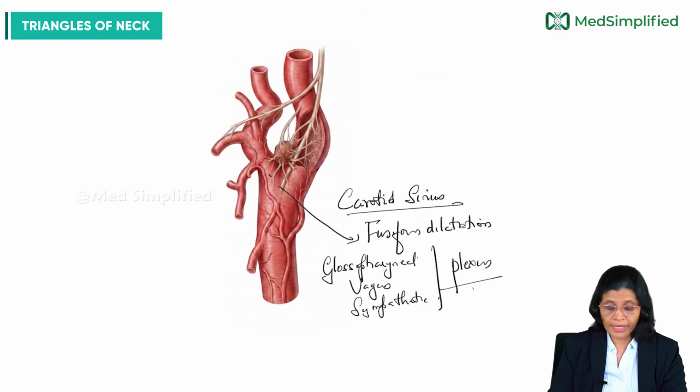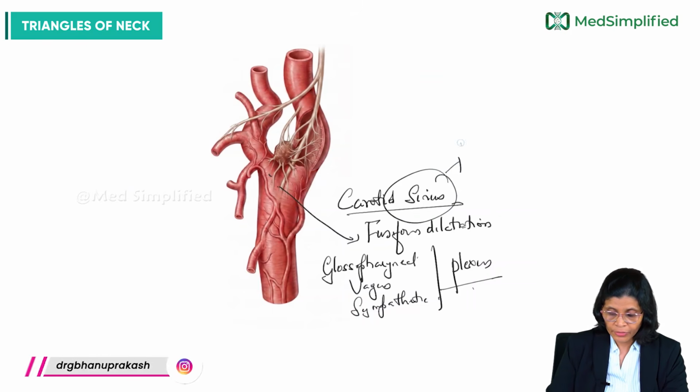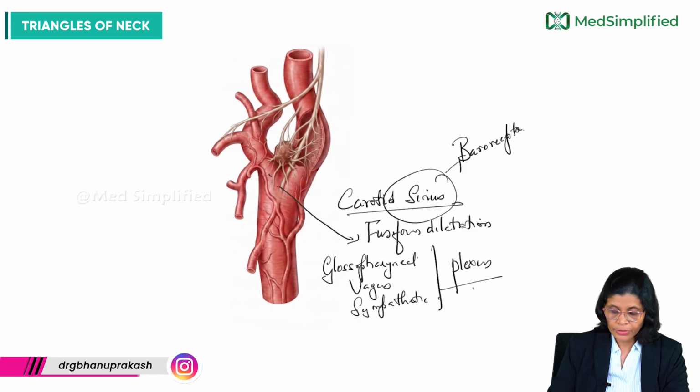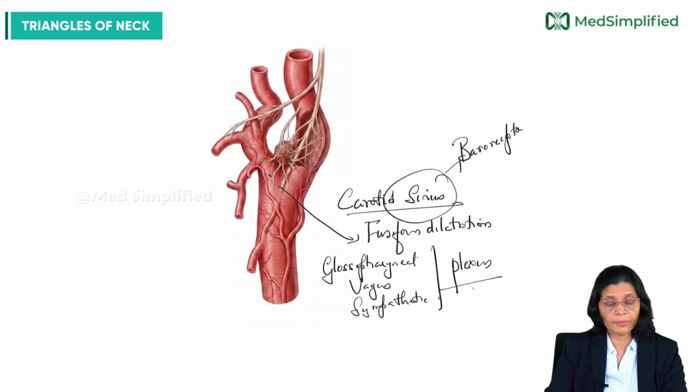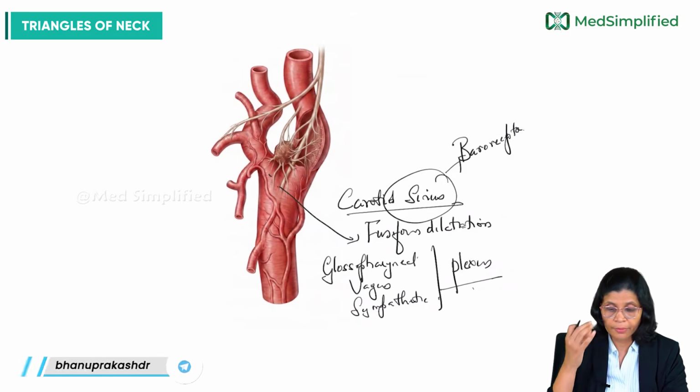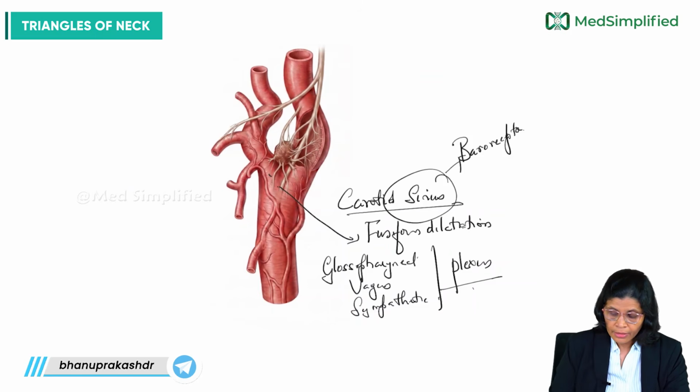You should remember that the carotid sinus acts as a baroreceptor, or pressure receptor. It is sensitive to changes in pressure in the cerebral arteries, so it regulates the blood pressure within them. There is something known as carotid sinus syndrome.